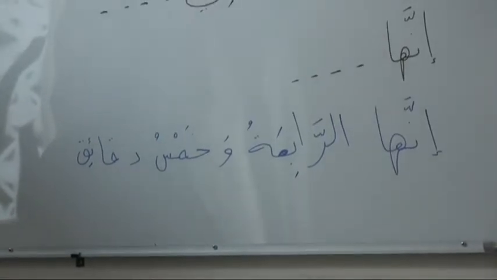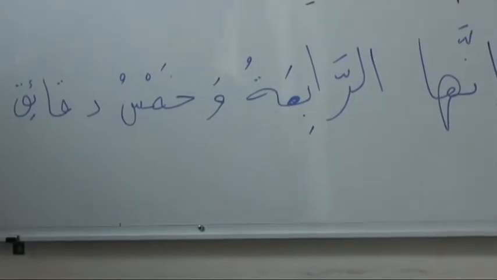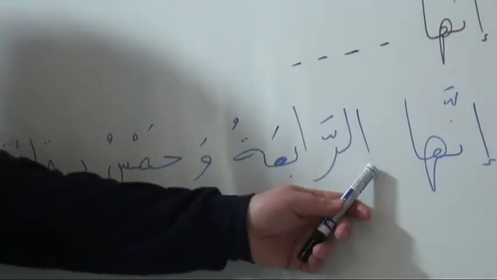Ar-rabi'atu, yes. Because the ra is from the sun or from the moon? From the sun. So we don't pronounce the lam and we duplicate the ra. We don't say al-rabi'atu. We say ar-rabi'atu. So innaha ar-rabi'atu wa khamsu daqa'iq. Okay?